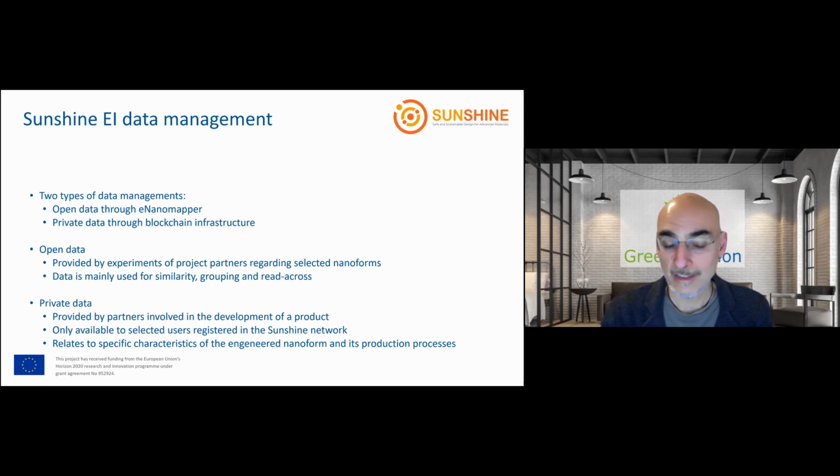The open data is widely available, supplied by project partners related to the specific nanoforms studied in Sunshine and in other European projects mainly. This data can be used directly by producers if it's exactly the same as the product they are developing. Otherwise, it's usually mainly used for similarity grouping and read across.